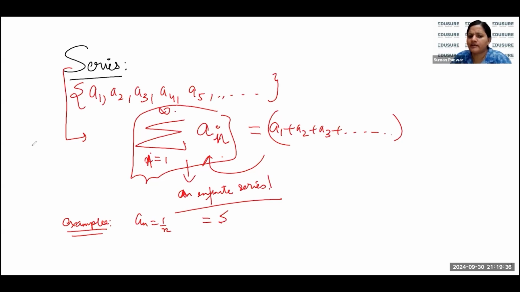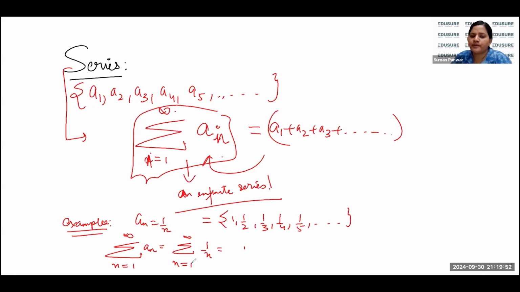That means 1, 1 by 2, 1 by 3, 1 by 4, 1 by 5, and so on. So when you write summation n going from 1 to infinity an, this is summation n going from 1 to infinity 1 by n, which is 1 plus 1 by 2 plus 1 by 3, and so on. This is called an infinite series. So never get confused between a series and a sequence.